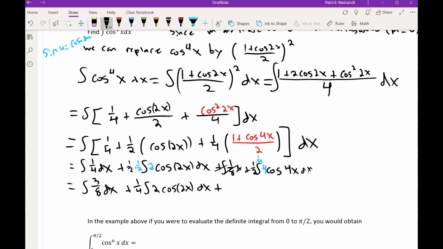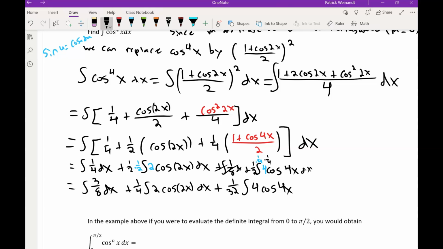1/4. So we have this 1/4 times this cosine of 4x over 2. So technically it should be 1/2 times 1/4 times 1/4 again. That's going to give us 2 times 4 gives us 32. So 1/32 of 4 cosine 4x. Again, the reason I had to rewrite that 1/4 is because we first factored out this 1/2 here.